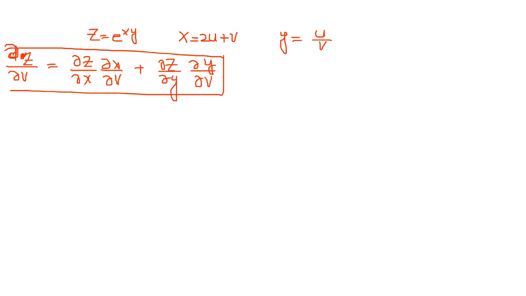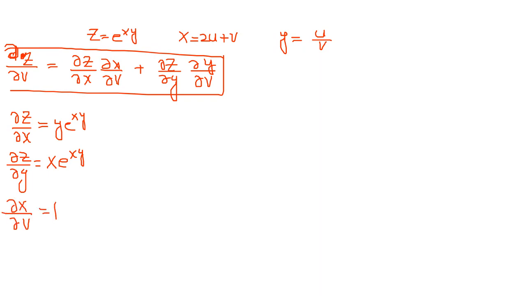Okay, so similarly we find the partial derivatives. The partial derivative of z with respect to x is y into e power xy, and the partial derivative of z with respect to y is x into e power xy. The partial derivative of x with respect to v is 1, and the partial derivative of y with respect to v is equal to minus u divided by v square.